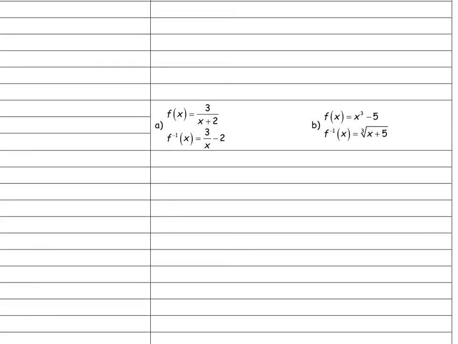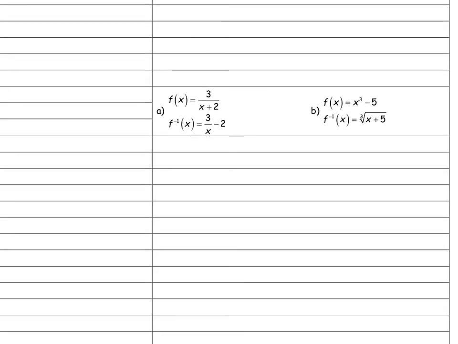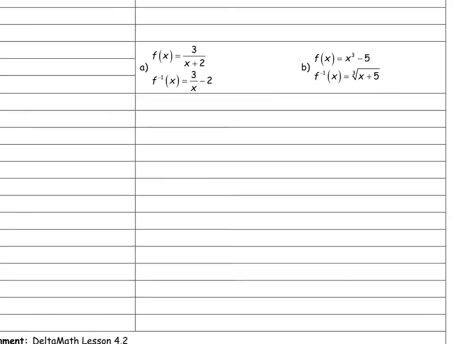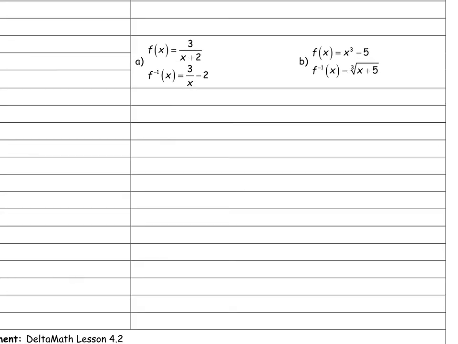Okay, so now you guys are going to try it. Let's see, I think that I want to do f inverse of x. I think that one's the easiest to do.